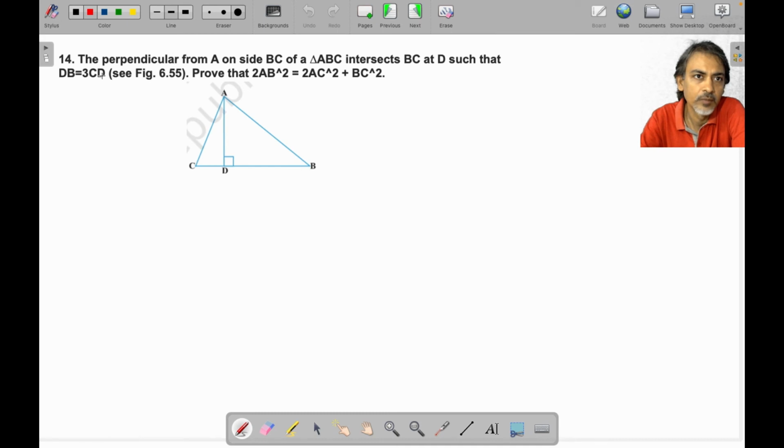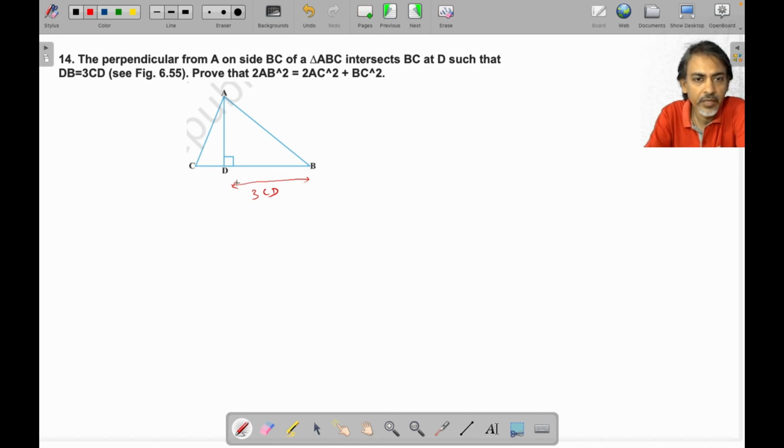What's this problem saying? So this problem is saying that the perpendicular from A on side BC of a triangle ABC intersects BC at D such that DB equals 3CD. So DB, this part is equal to 3CD, right? So look at BC.